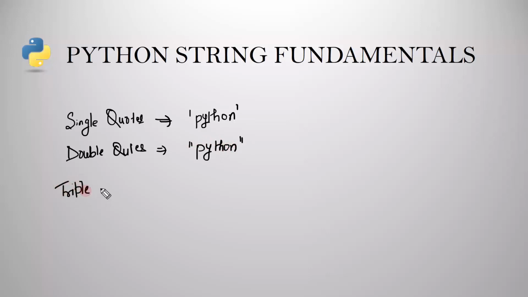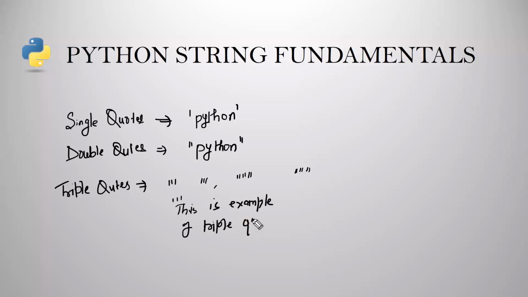Usually triple quotes are used if you want to write in multiple lines. You can either include three single quotes or three double quotes. So here is an example of a triple quote, and you can simply write like this.